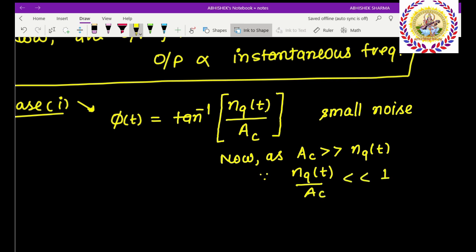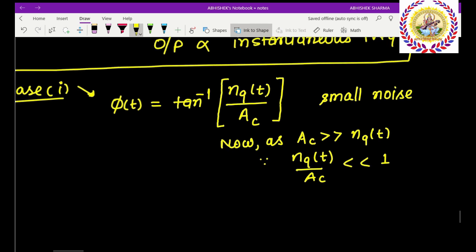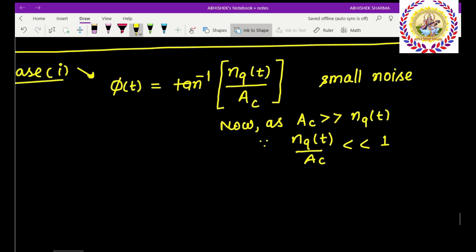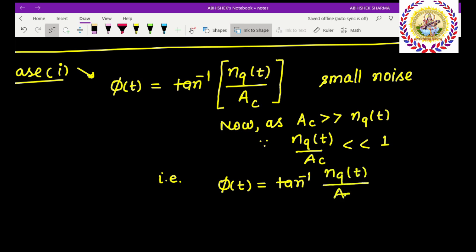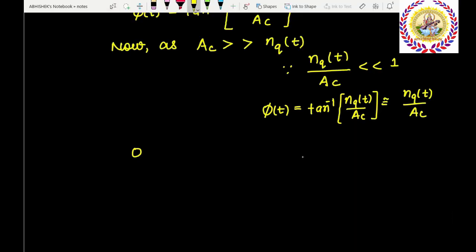Now as AC is much greater than nqt, the value of nqt upon AC will be much less than 1. So phi of t can be expressed as tan inverse nqt by AC, which will be approximately equal to nqt upon AC. Now the new value of phi of t for a small noise case is nqt upon AC.